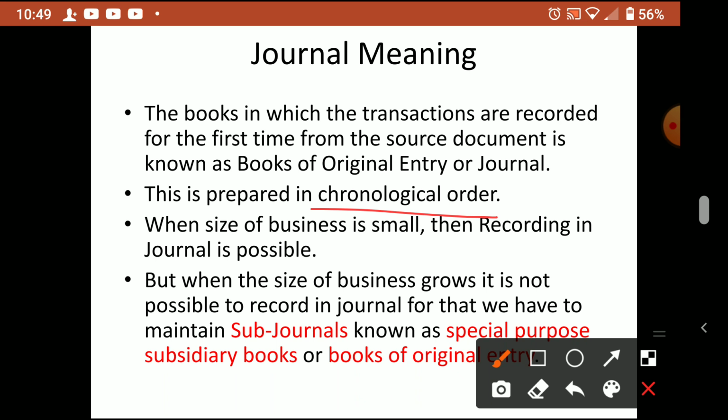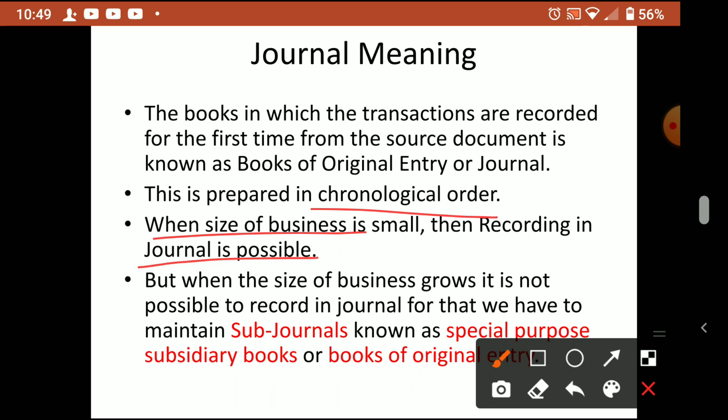When the size of business is small, then recording in journal is possible. Like the accounting equation I told you, no firm or business will be writing in accounting equation. Just for beginners, they should know that, that's why we studied that. Like that, for a small business organization, we can write and keep date wise. Think about a large organization where 1000 or 2000 transactions are happening in a day.